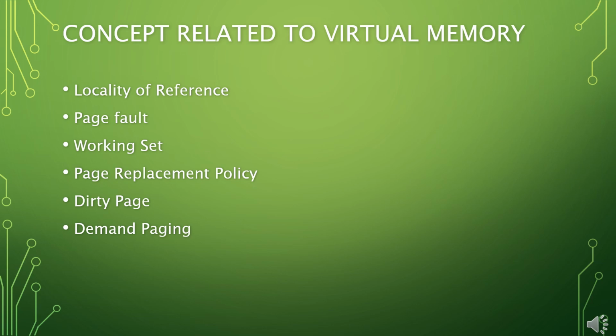At this stage, the operating system must bring that required page into the main memory before the execution of that instruction can restart. For example, if I'm executing a C++ program and there is some header file which is not loaded into the main memory, and there is a requirement of that header file, immediately the operating system will empty some part of the memory according to the locality of reference, and it will bring the header file into the main memory.